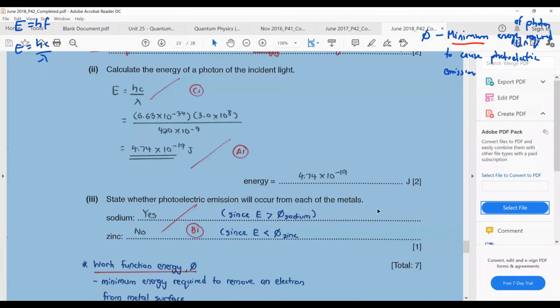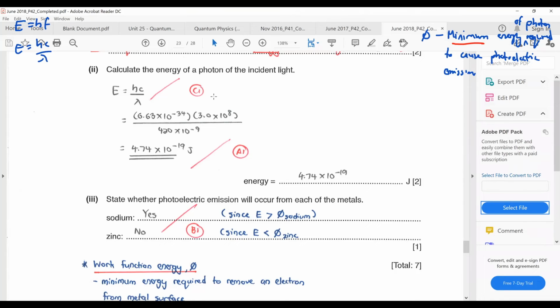This one has more than enough energy. So this one, we could write something like this: more than enough energy. This one is insufficient energy. Okay.